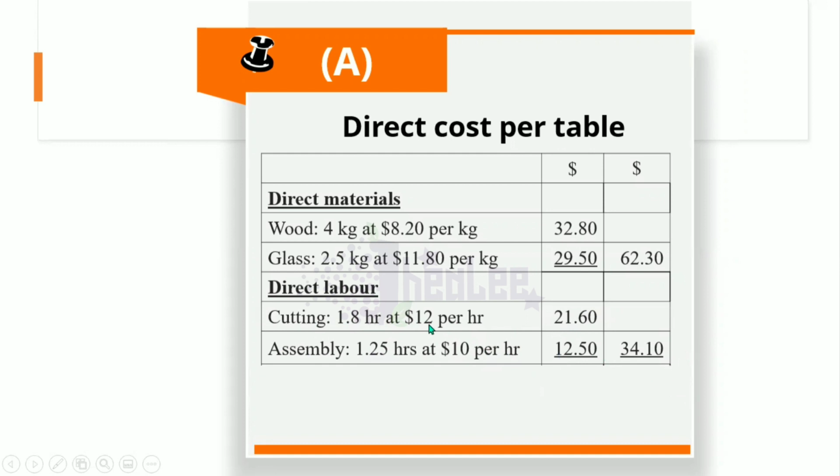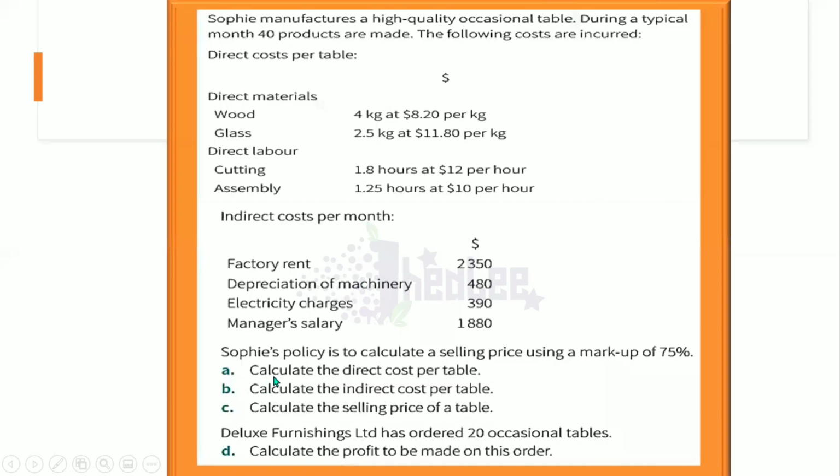Our total direct cost is the $62.30 for direct material, added to the direct labor of $34.10, and that gives us a total direct cost of $96.40. We're now going to look at part B, where you're asked to calculate the indirect cost per table.